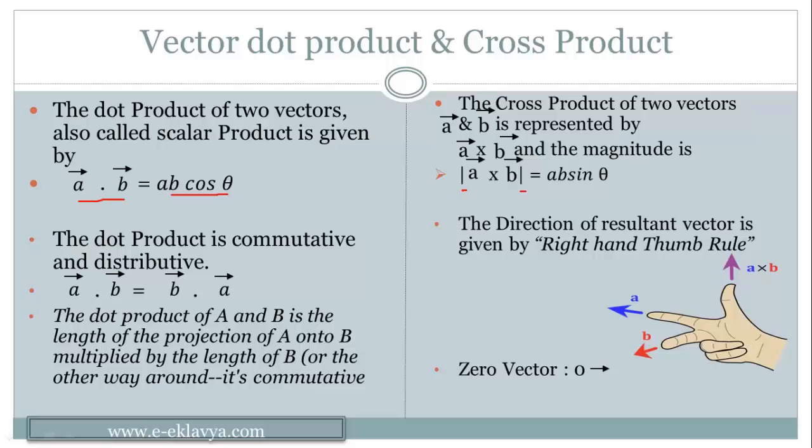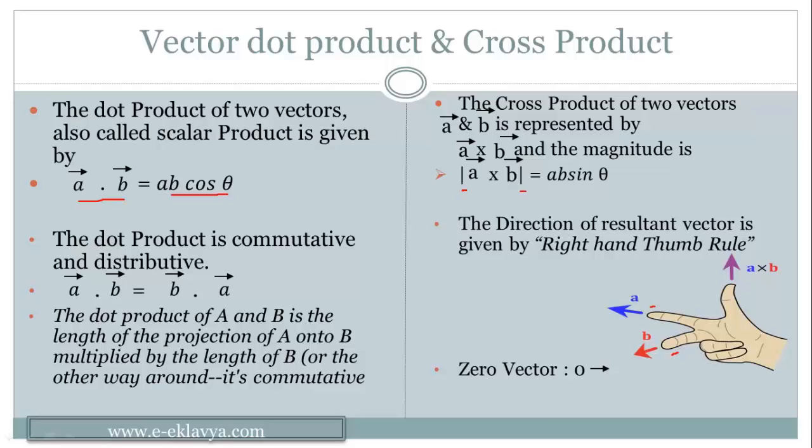As you can see in the figure, if vector A is along one finger and vector B is along the other one, and you hold them as shown in the figure, the direction of the resultant is towards the thumb, which is clearly shown here. So that is also called the right hand thumb rule. This gives you the direction of the vector.